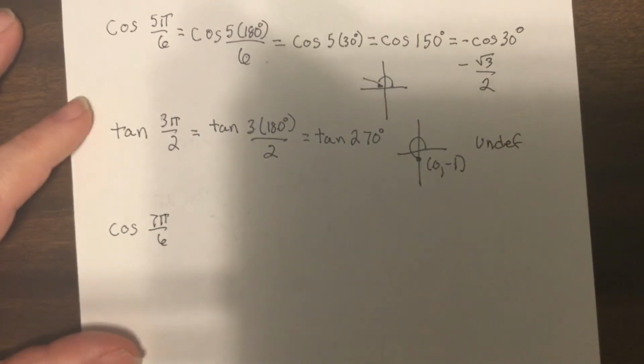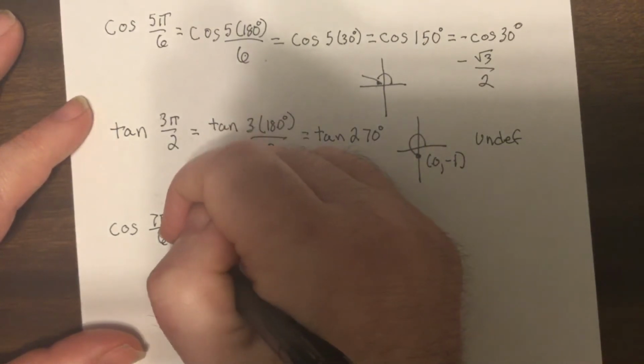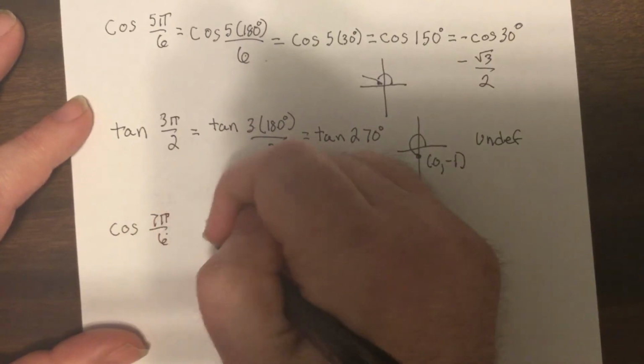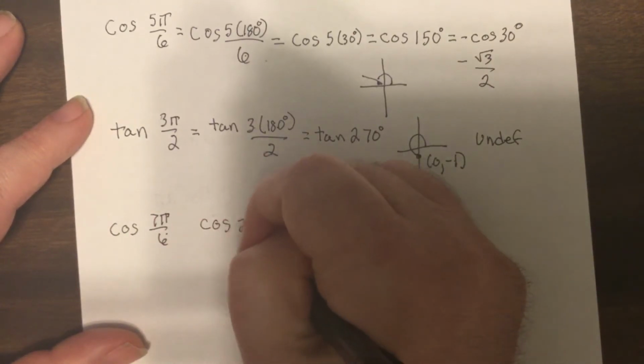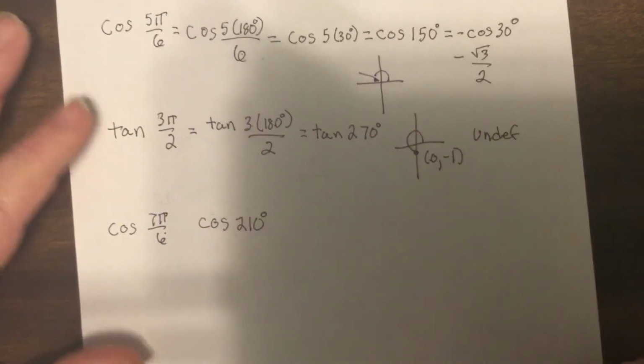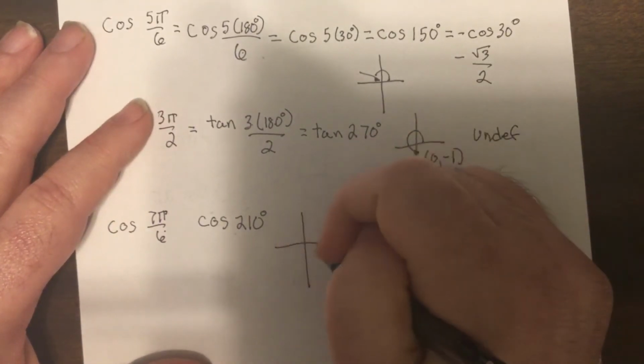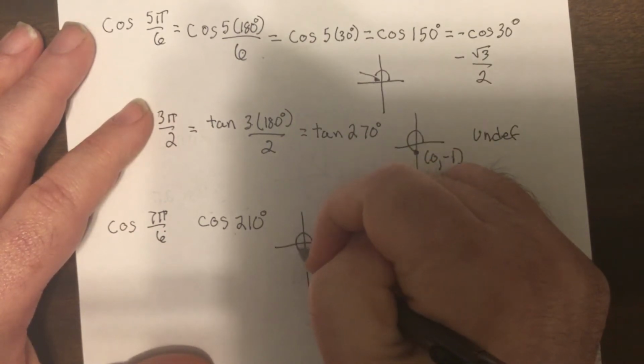So, okay, we're going to put 180 in there. 180 divided by 6 is 30, times 7 is 210. So again, cosine 210, that's right here.